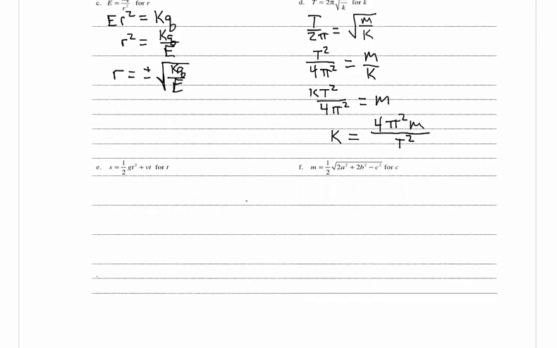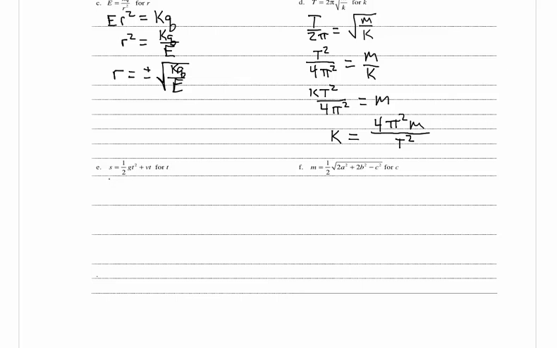For E, we have S is equal to 1/2 g t squared plus v t, and we want to solve for t. So here we have a quadratic, and in order to solve a quadratic, we need to get it in the proper form. In order to get this equation in the proper form, we're going to subtract s from both sides.